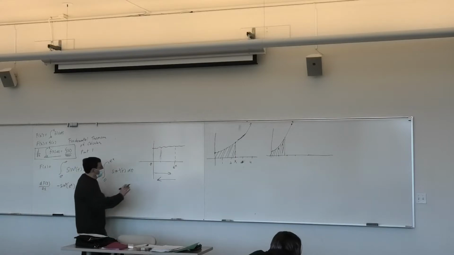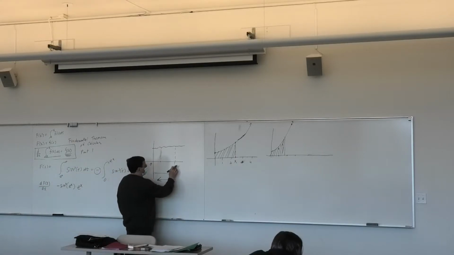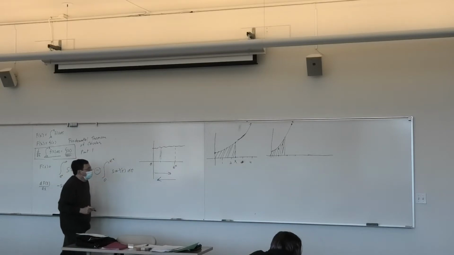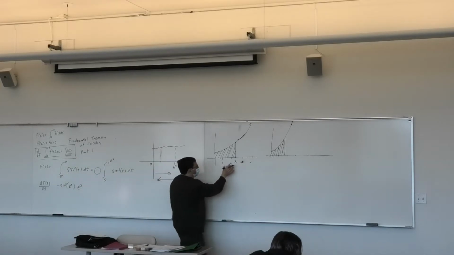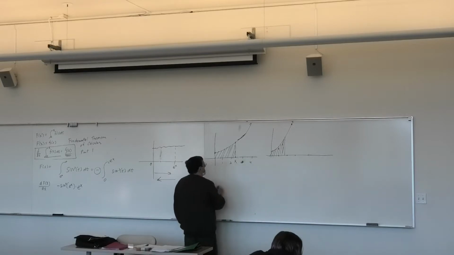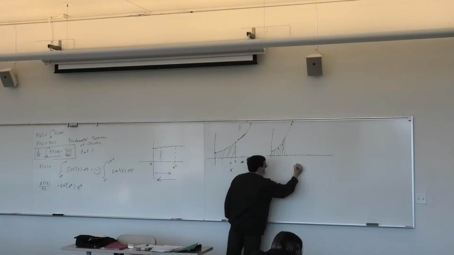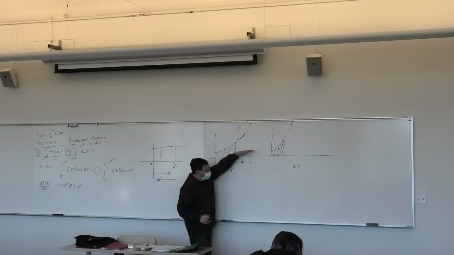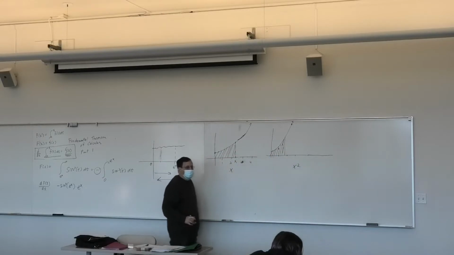Now, what does it mean that we're going from 0 to e to the x and not x? Well, it's like my example here where instead of going to x, we're going to x squared. In other words, the function we're finding the area under is a different function.